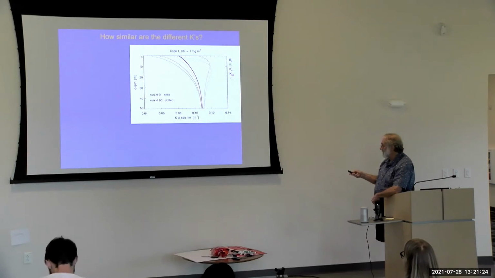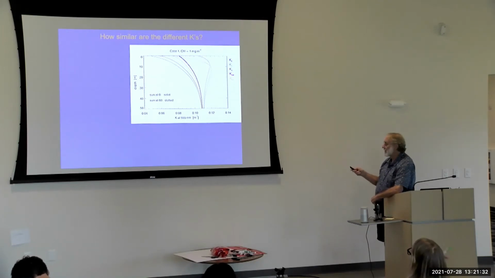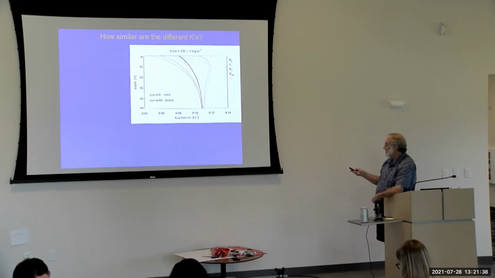The sun at 0 is a solid line, and the sun at 60 degrees is a dotted line. You'll see that near the surface, the K functions are often substantially different, like a factor of 2 or so. And you can see that for the sun overhead or at 60 degrees, there are differences in the K functions.